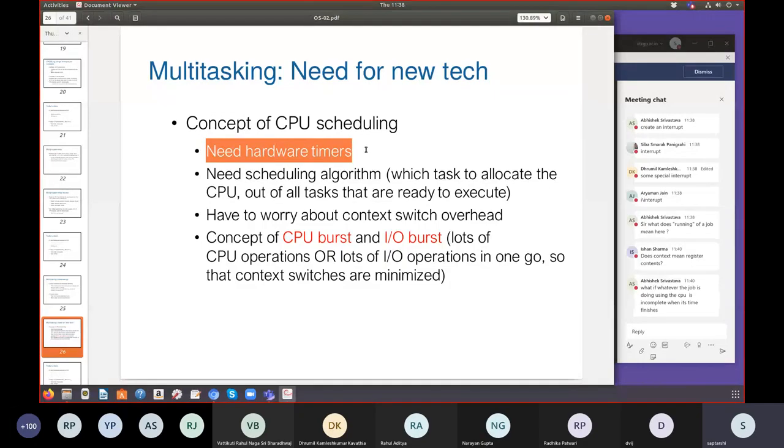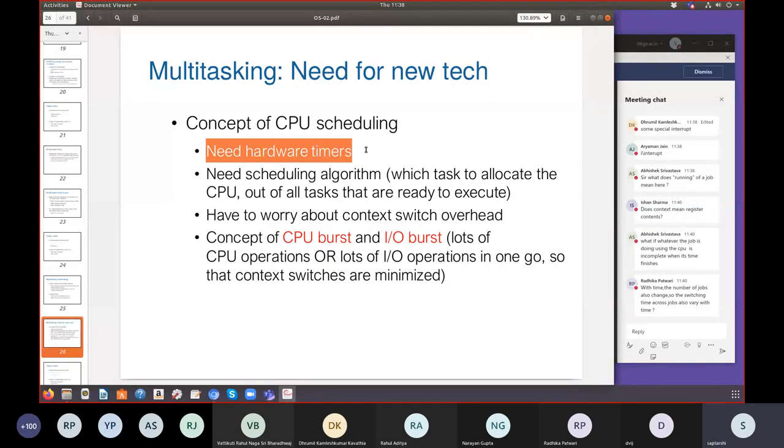Abhishek is asking, what if the job using the CPU is incomplete when its time finishes? That's a question which tells me that one concept needs to be cleared. When its time finishes does not mean that the process will end now.